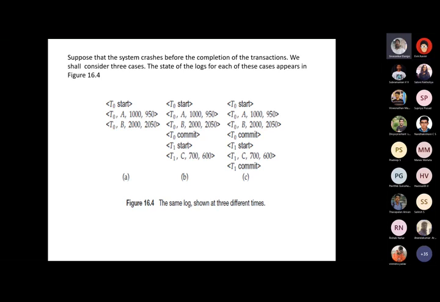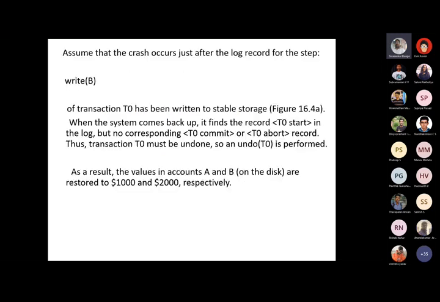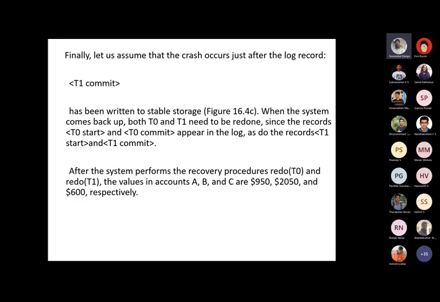So in the book, they have taken this snapshot. They have discussed what operations have to be done, right? So finally, the last case: let us assume that the crash occurs after the log record T1 commit has been written to the stable storage.